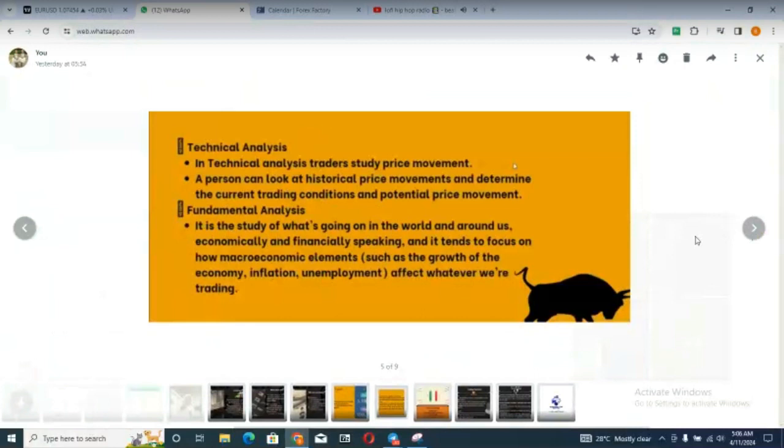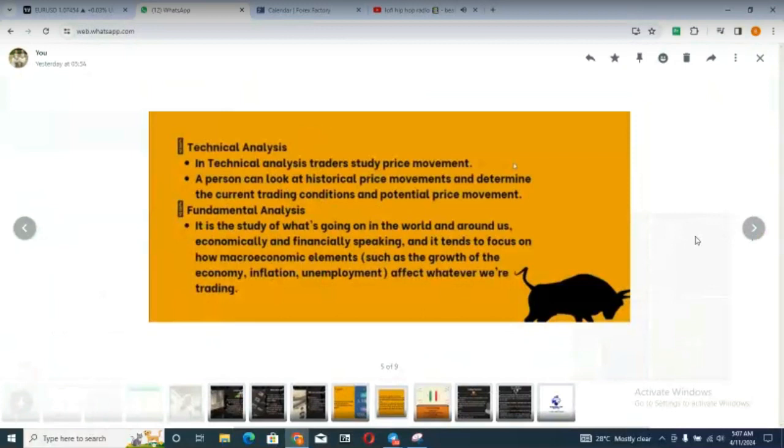A person can look at historical price movement and determine the current trading condition and potential price movement. In the world of Forex, most retail traders use technical analysis to study price action.